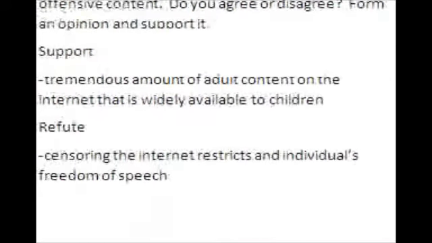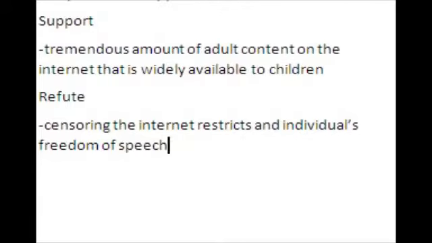Okay, another idea that would refute this would be that if the government controlled the content of the internet, this could slow the rate that information can be transferred. So the government controlling the internet may lead to a slower transfer of information.